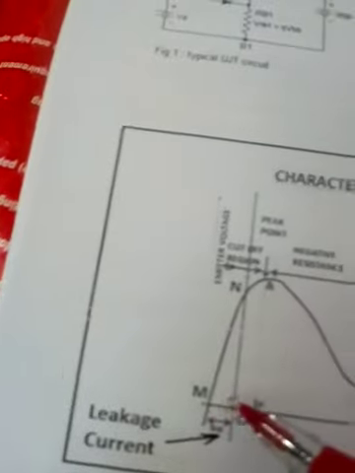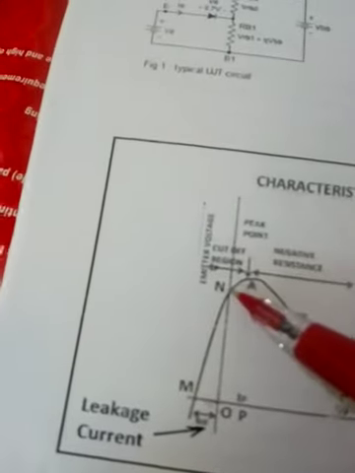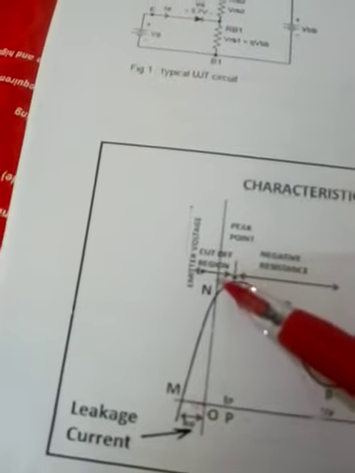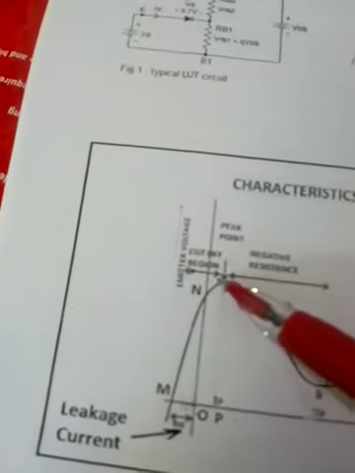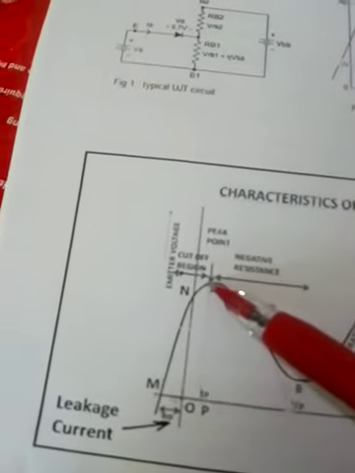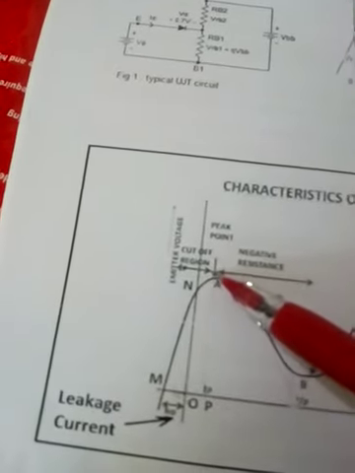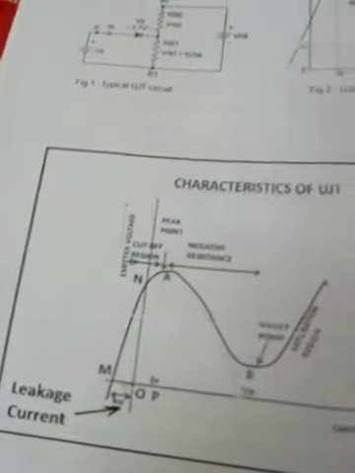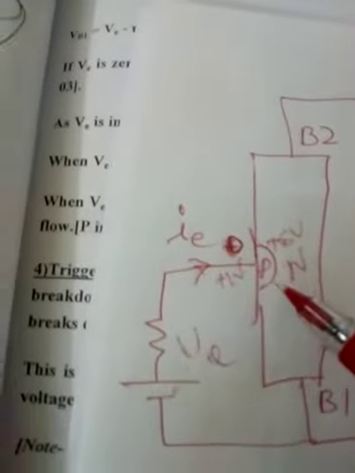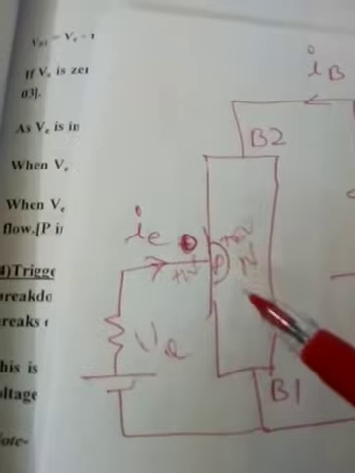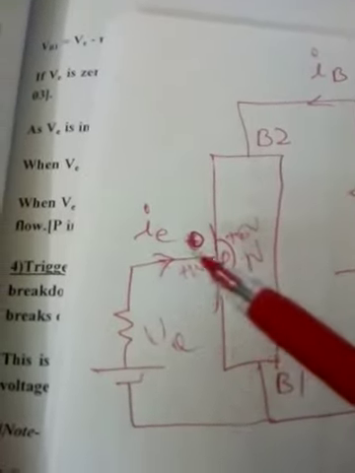So this was reverse leakage current till 6 volts. From 6 to 6.7 volts of emitter voltage, we will get a small forward leakage current. When the emitter voltage reaches 6.7 volts, the diode breaks down and conducts heavily. As this junction breaks down, current will flow.